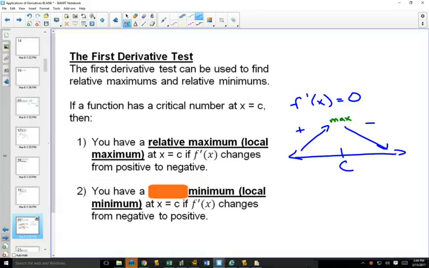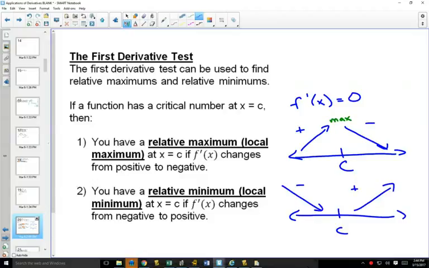Secondly, you could have a relative minimum or local minimum if the other thing happened. You have your critical point here. It's negative, meaning that your graph is going down, followed by going up. That tells us this has to be a minimum. So for our first derivative test, we need to show two things for something to be a maximum or a minimum.